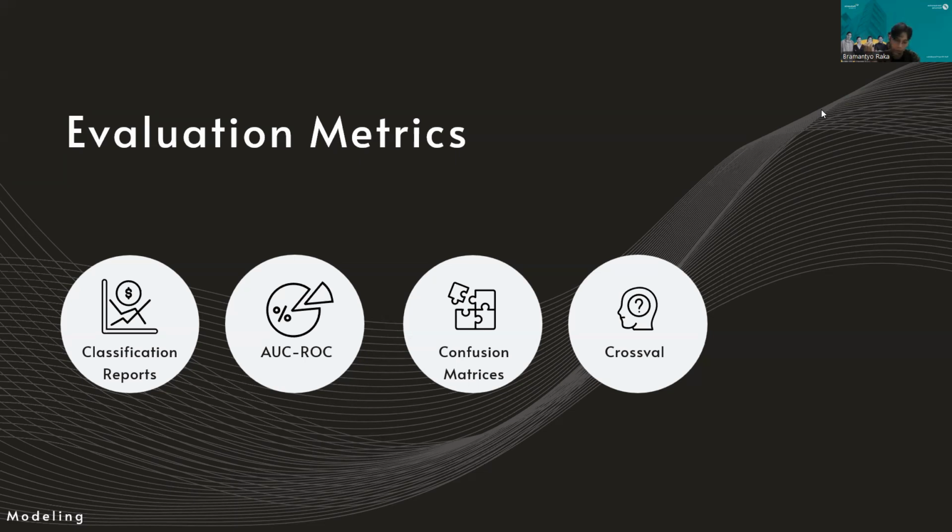We have confusion matrices that confront these machine learning models with what they did: did you predict something right, something wrong? And we have cross validation to validate all of these predictions.